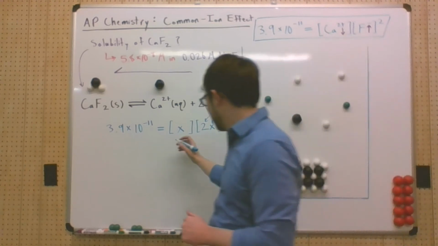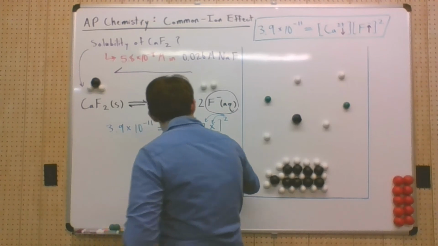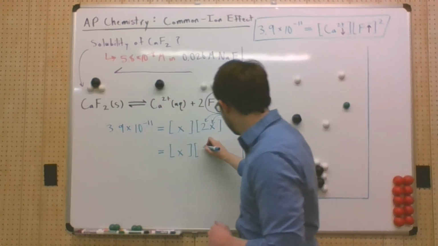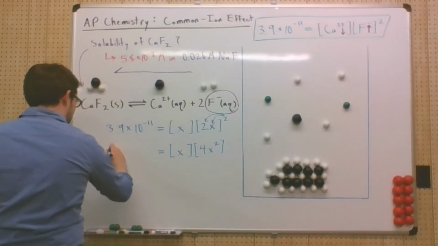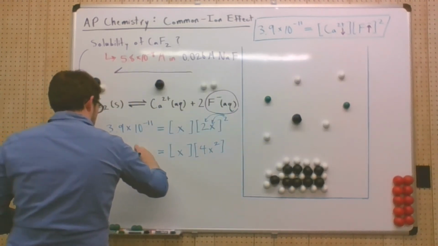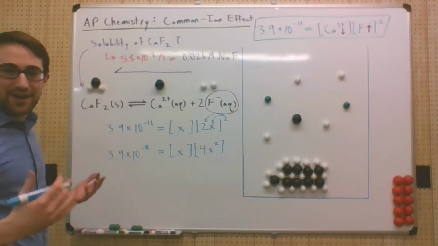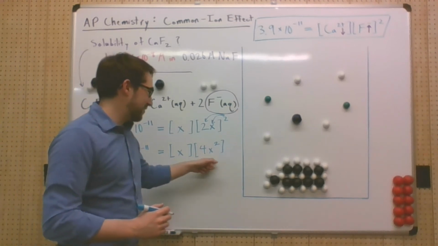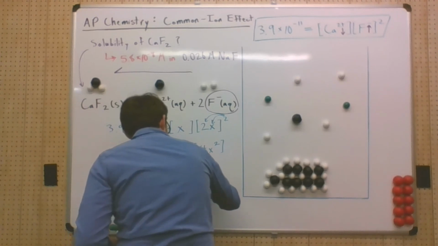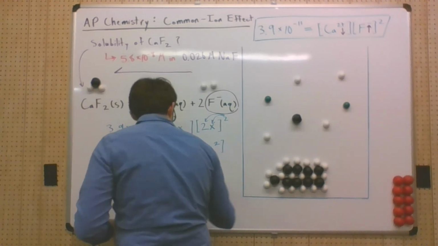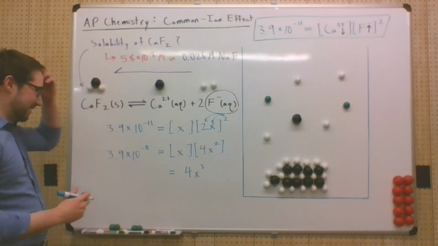So that's going to be x times 4x squared, still equal to 3.9 times 10 to the negative 11th. X times 4x squared is going to be 4x cubed. I'm getting rid of my brackets here because I don't really need them at this point.